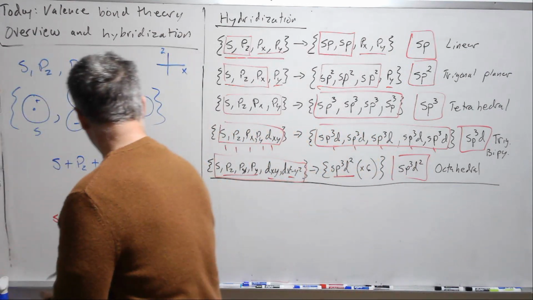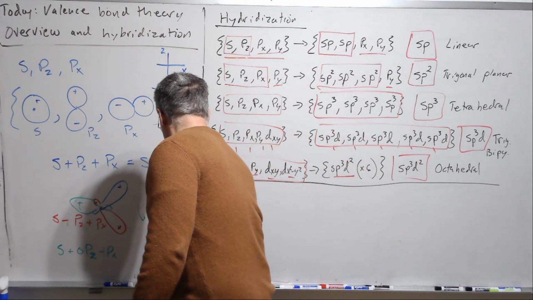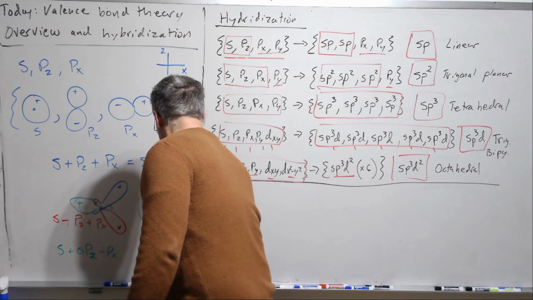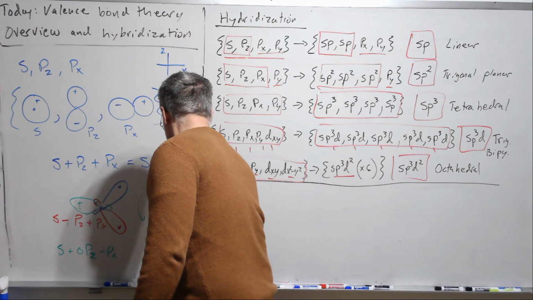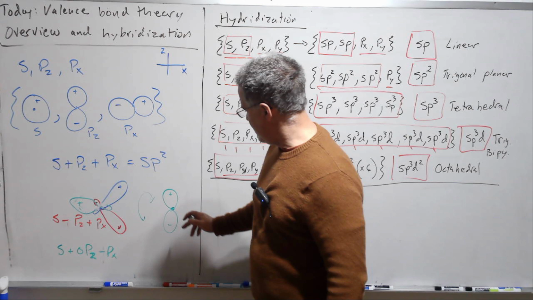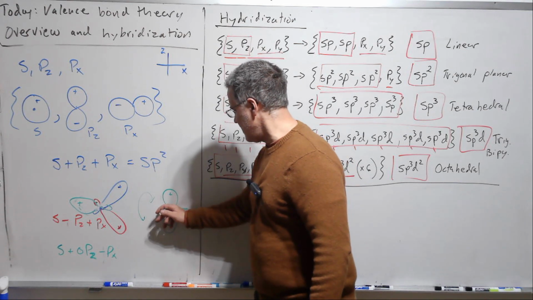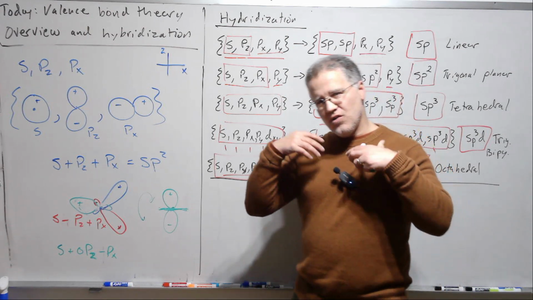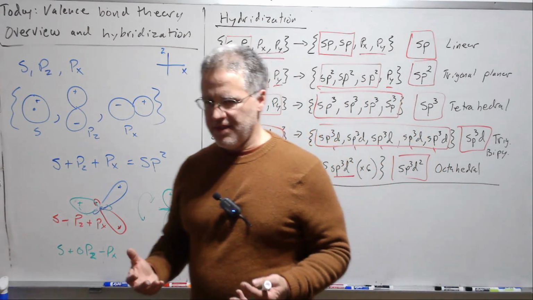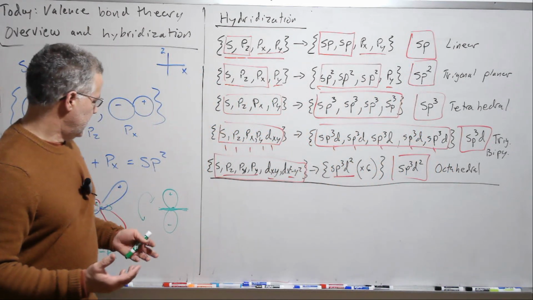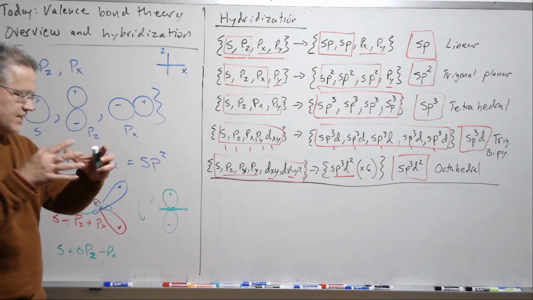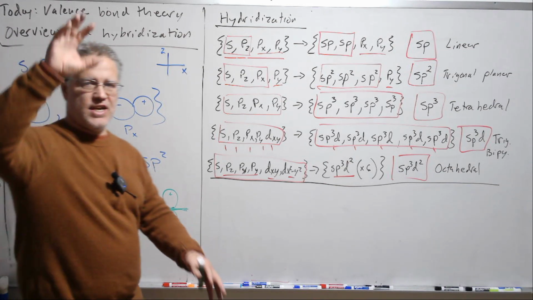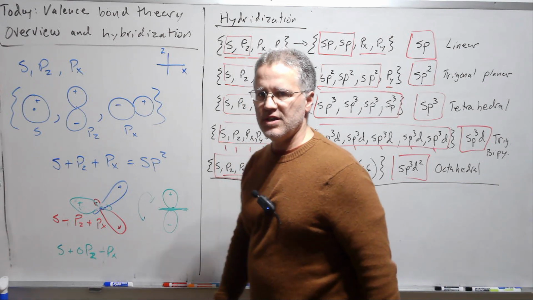So how would we draw that? We would usually just draw the P, right? And then in this plane here would be this. Okay. And so you have to kind of think in a couple of pictures, and then your head sort of puts them back together as you start saying, where are these orbitals to bond?